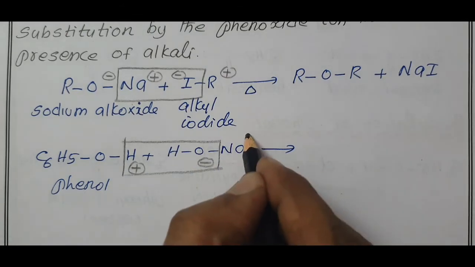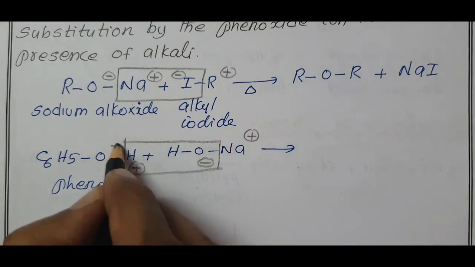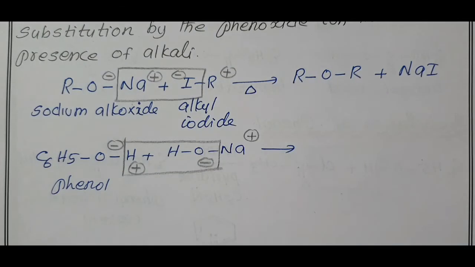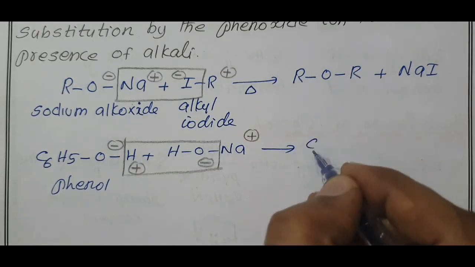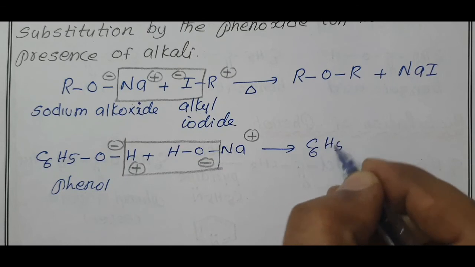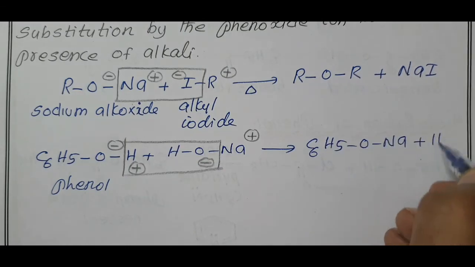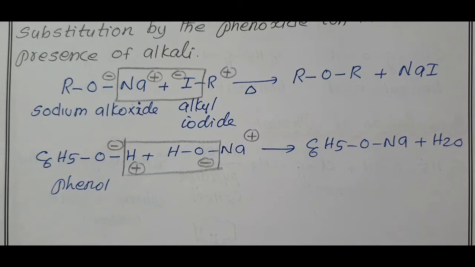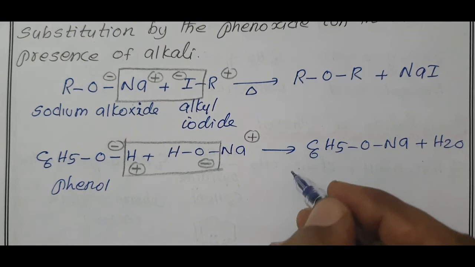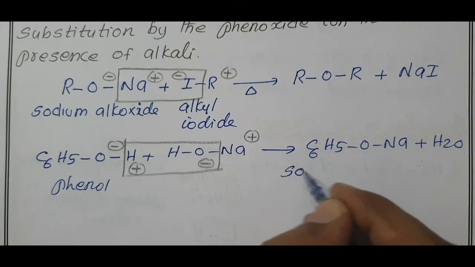Loss of H2O, this plus is now added to phenoxide, giving C6H5ONa with the loss of H2O. This is nothing but sodium phenoxide. So this is called sodium phenoxide.